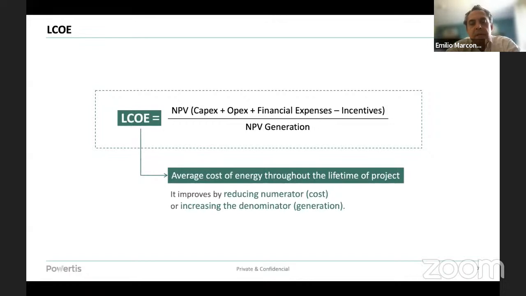Those two factors have a major impact on LCOE, which is the levelized cost of energy throughout the life of the project. And as you can see in the formula, what we do is try to maximize generation, which is the denominator, by controlling or optimizing the numerator, and that's how we like to approach our projects.